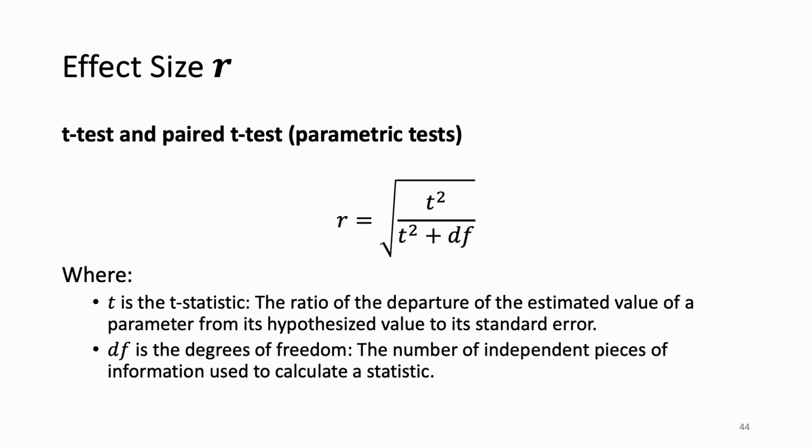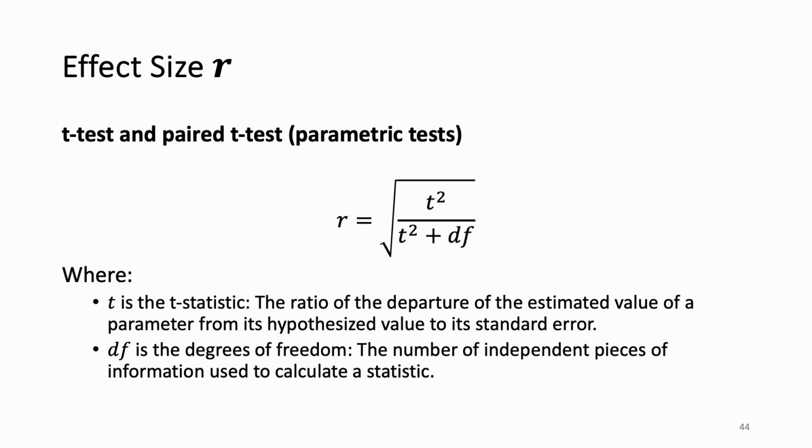We can use this formula to calculate the effect size: R equals the square root of t squared divided by t squared plus df. The t here is the t statistic, which is the ratio of the departure of the estimated value of a parameter from its hypothesized value to its standard error.